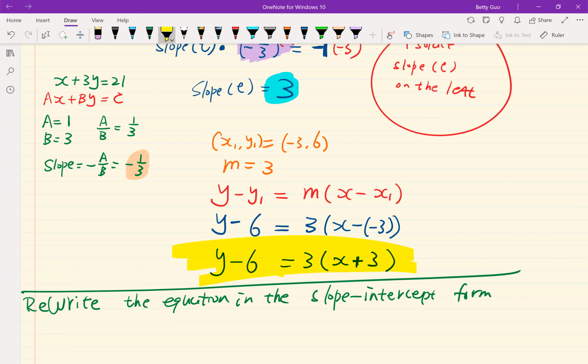Same as earlier, you distribute, remove the parentheses on the right first, and then move 6 over. Combine like terms. Let me know what you have. The 3 examples we do today are applications of point-slope form. If you have a given point and the slope of the equation, it would be very convenient to apply point-slope form to find the equation for the line. See what you have.